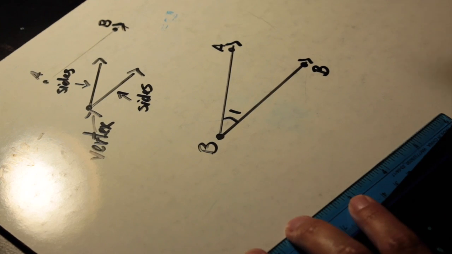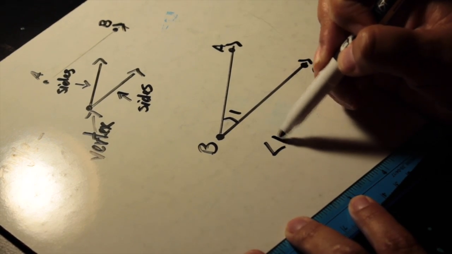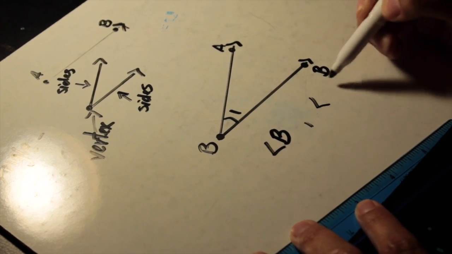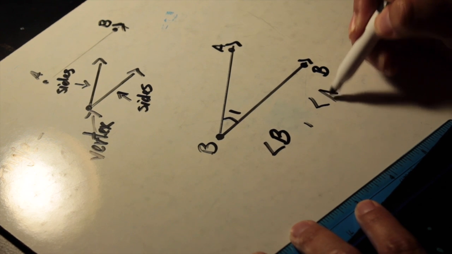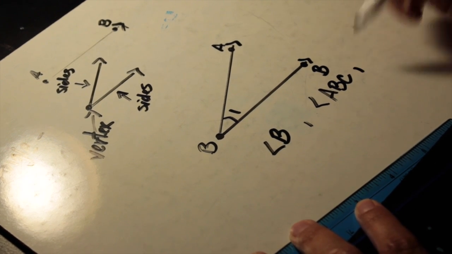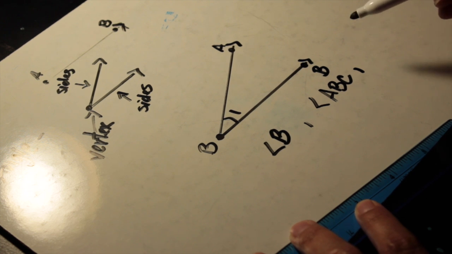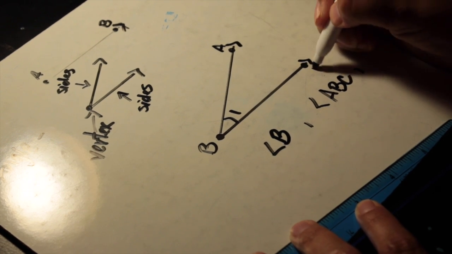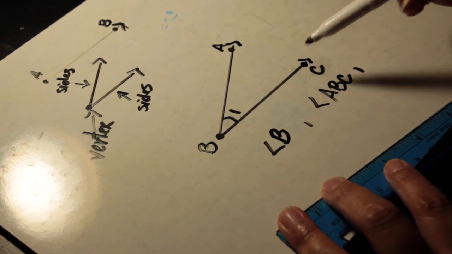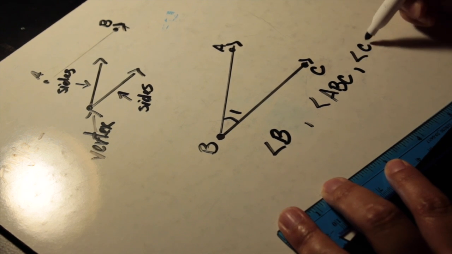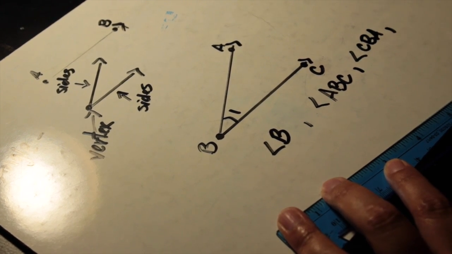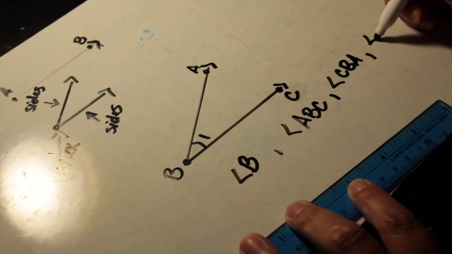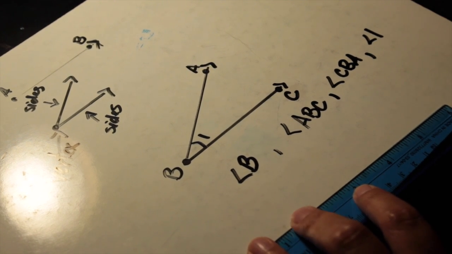It can be angle B. This is the symbol for angle. It could also be named angle ABC, which is the 3 points right there. It could also be named angle CBA. And last but not least, if you haven't already guessed it, it could also be called angle 1. Those are the different names for the angles.